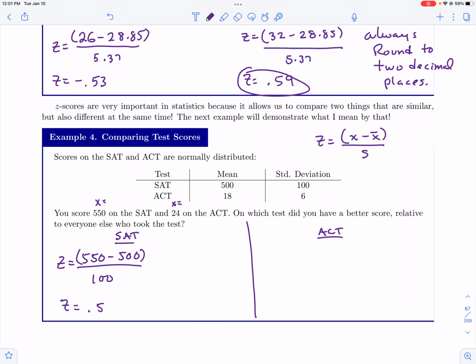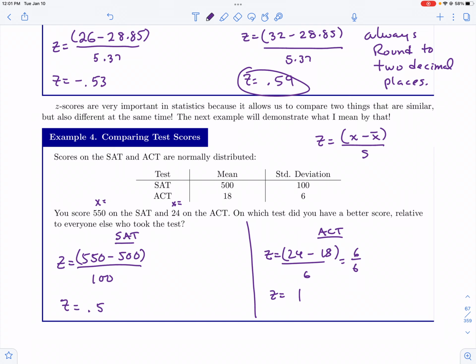And so our ACT, we're going to get z equals 24 minus 18, all divided by 6. If we throw this into the calculator, 6 over 6 equals just 1 in that case.